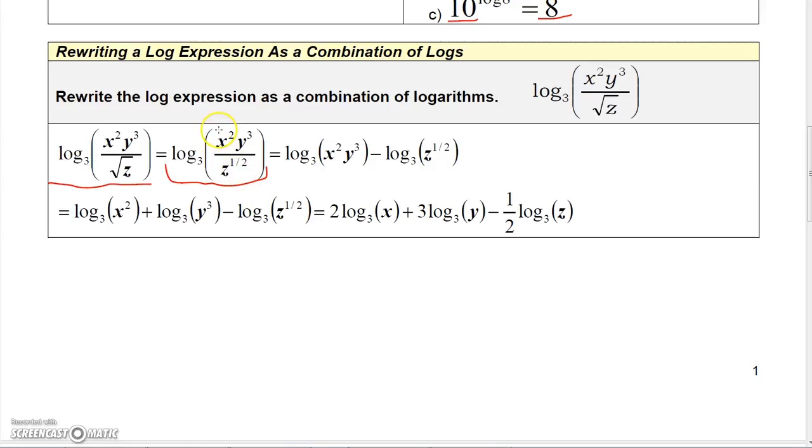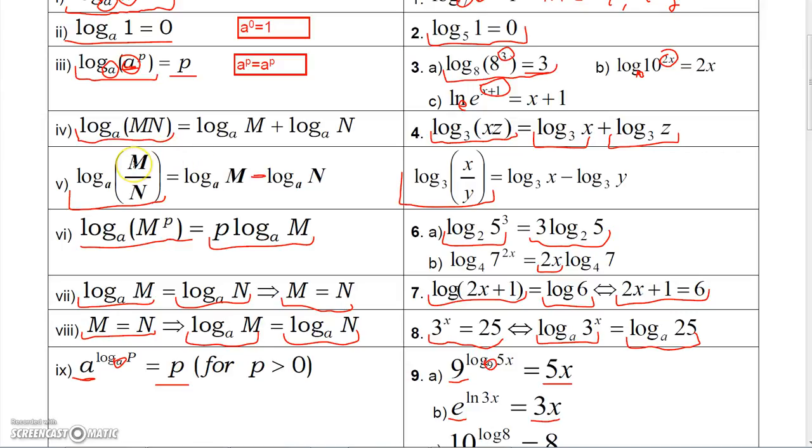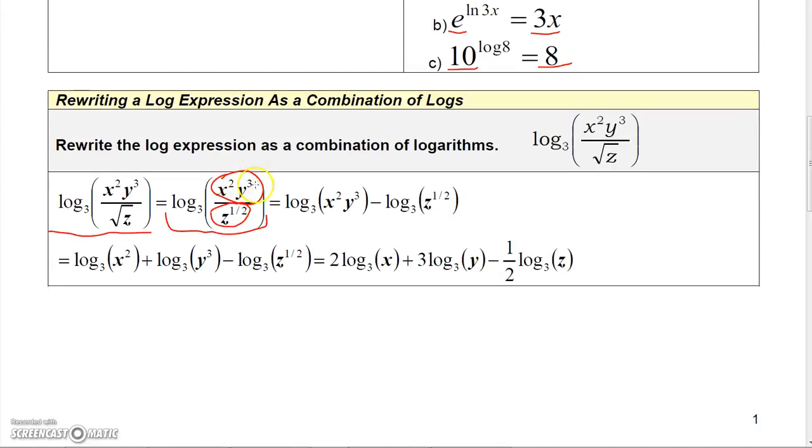Now, this is a quotient. So this is m and this is n. And we have a property up here that says if I have the log of m over n, I can write that as log of m minus log of n. So I can write this as the log of the top minus the log of the bottom.